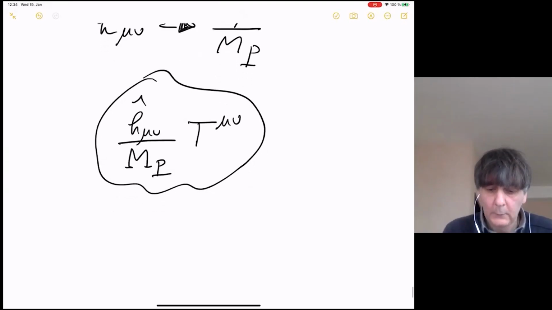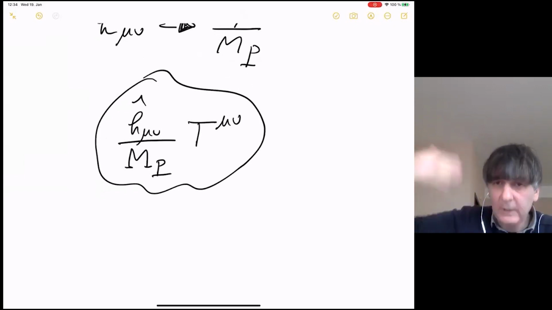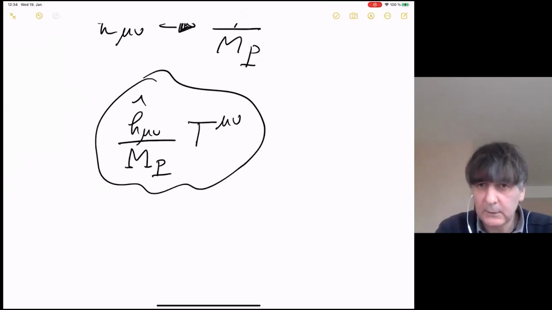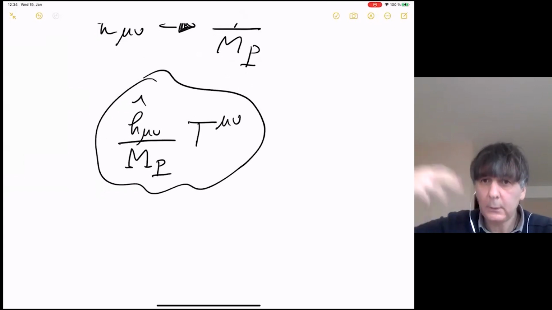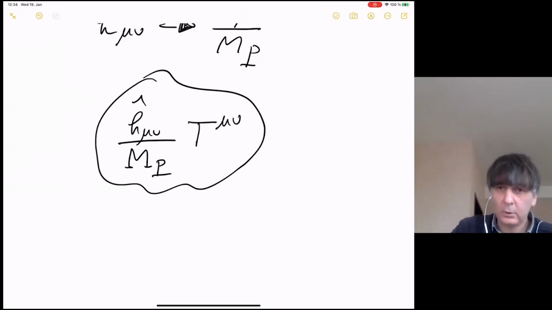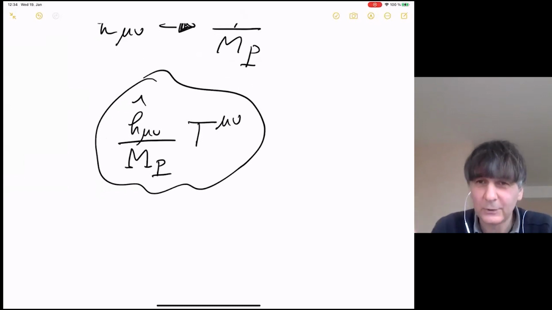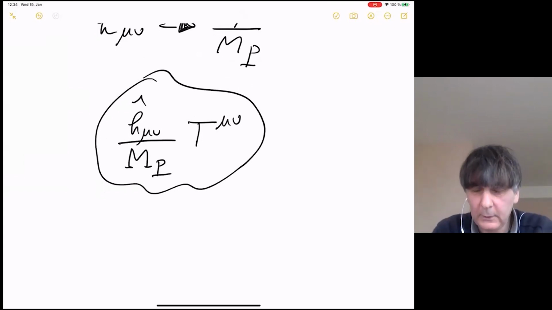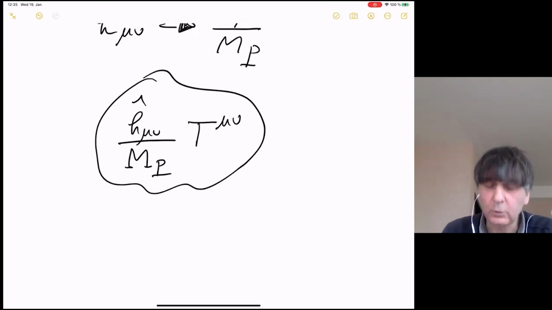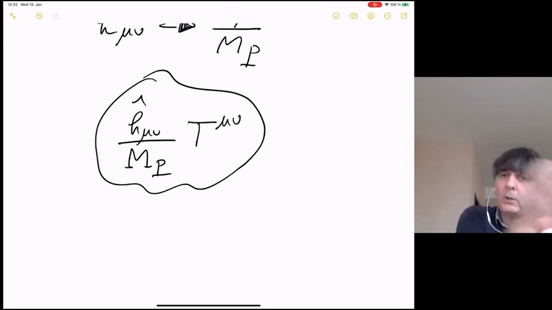This procedure is known to effectively allow us to reconstruct Einstein gravity, order by order in nonlinearities. I'm not going to do it, of course, because we don't need this for this lecture. For example, the first nonlinear coupling of the graviton comes from coupling the graviton to its own energy momentum tensor evaluated at the linear order.